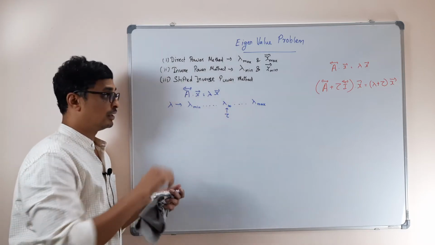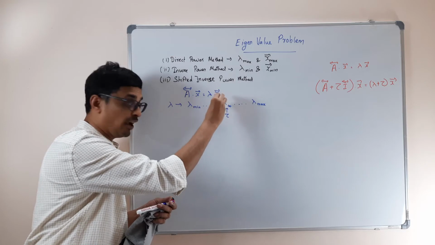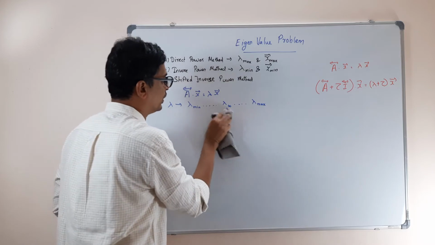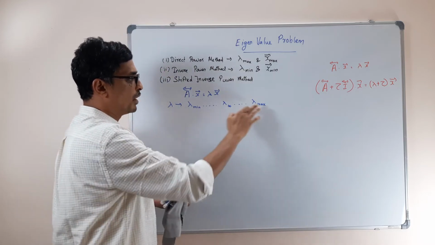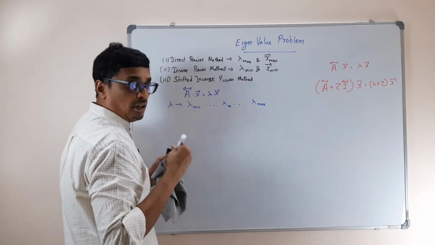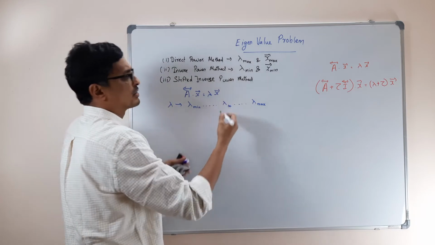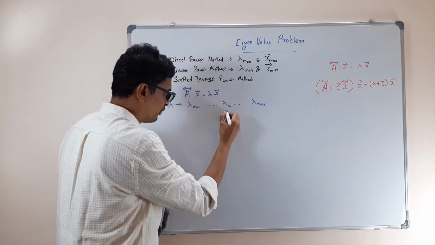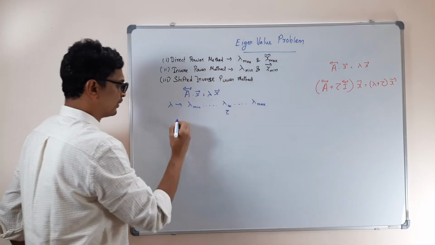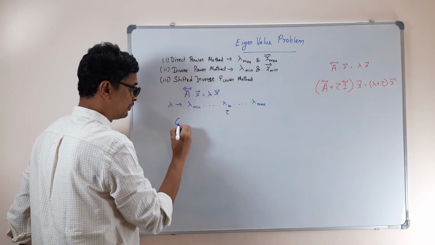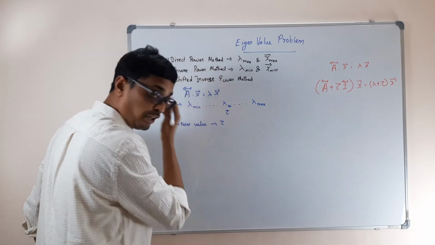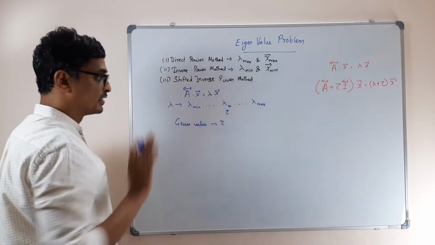The tau can be any number that falls in between the extreme values, close to some eigenvalue. This is a guess value of a certain eigenvalue. It need not be exact.